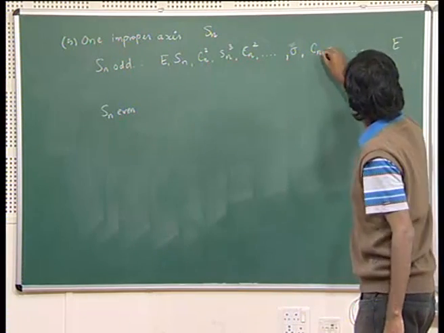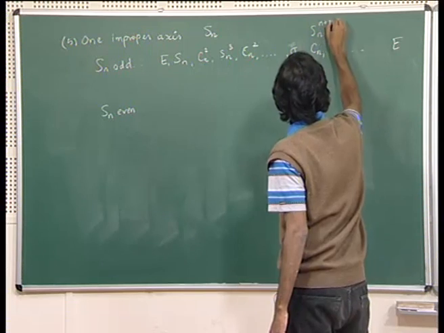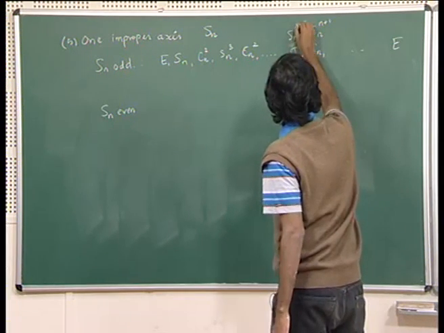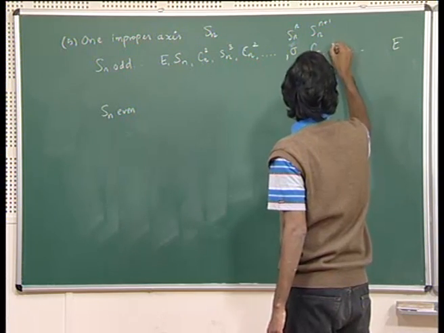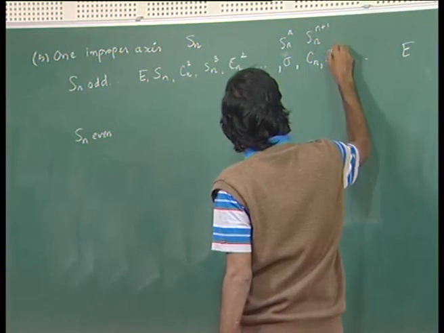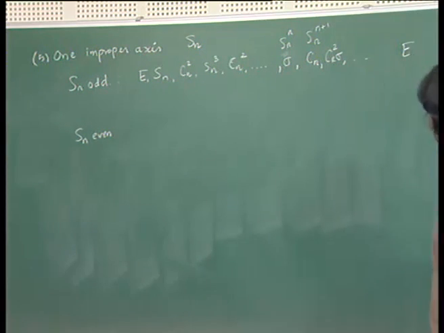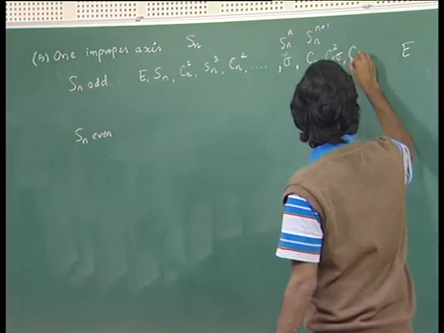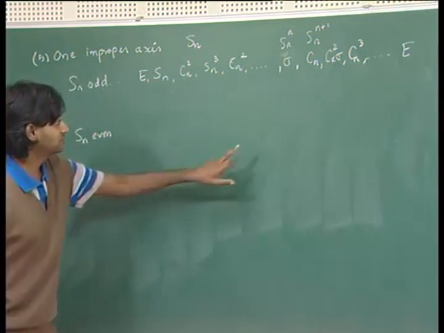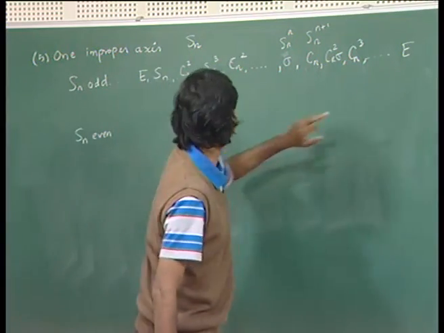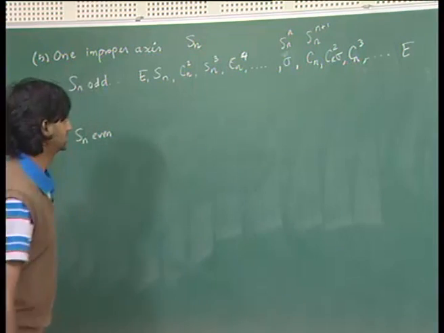So, then you have sigma Cn. So, this is Sn raised to n plus 1, Sn raised to n is just sigma, and then you have the usual. So, you have Cn square sigma and so on. And you have Cn cube, and so on. So, you notice that you have Cn, Cn cube etcetera here, and Cn square, Cn4 and so on here.